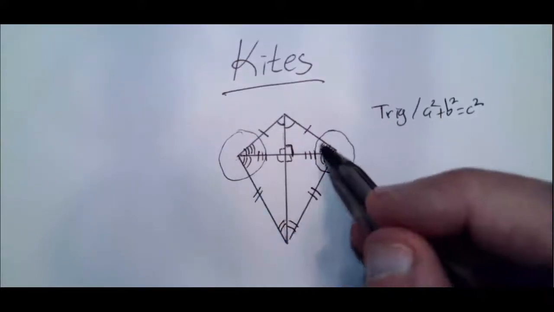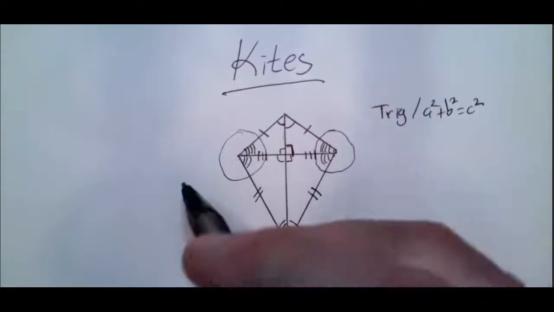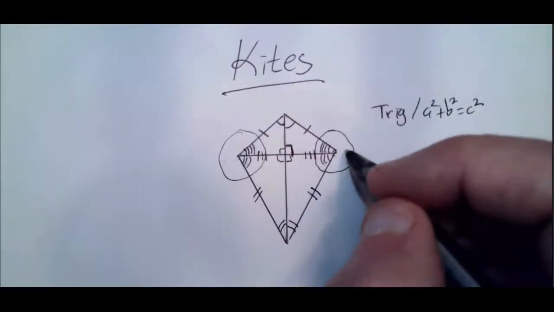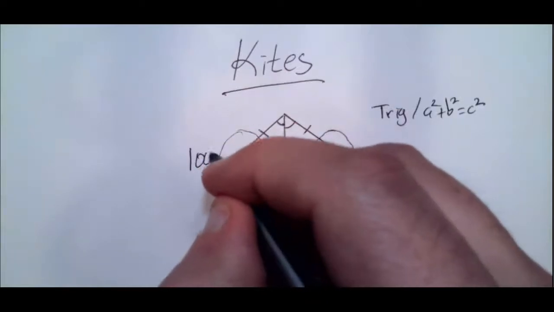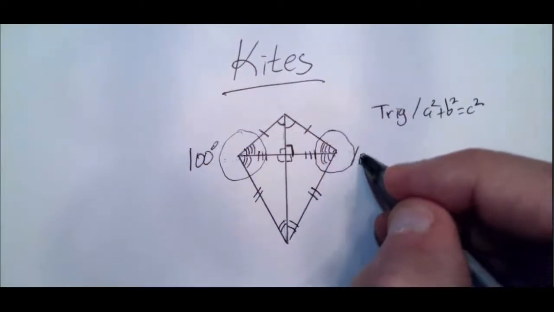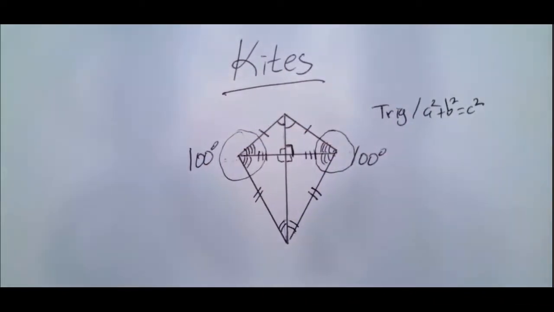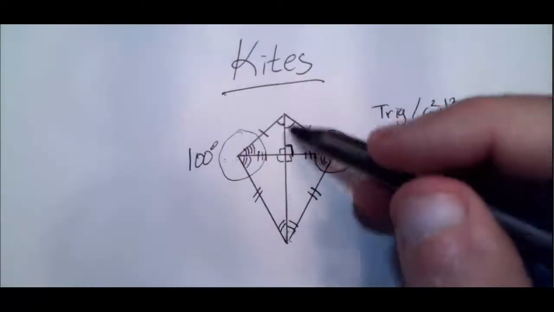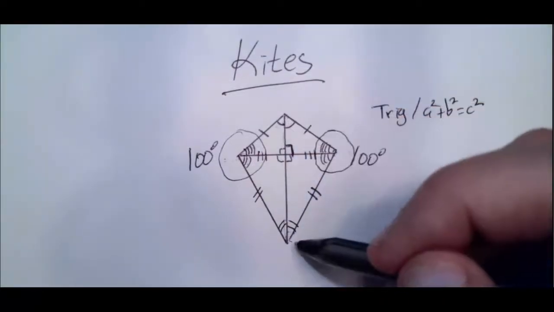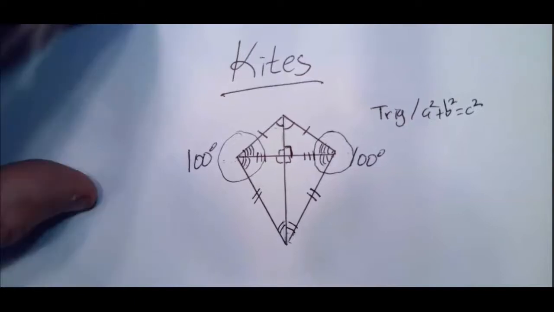That means 3 and 4 and 3 and 4, they're equal. So these two will be congruent. For instance, if this was 100 degrees, that would be 100 degrees. Now the top and the bottom will not be congruent because look, we have a 1, 1, 2, 2.